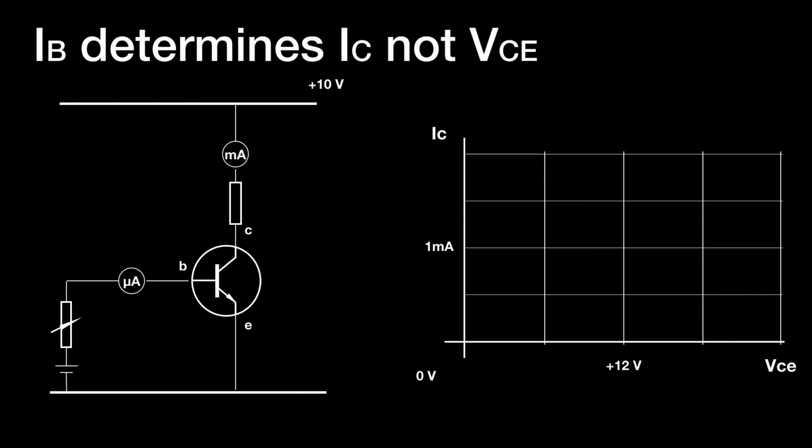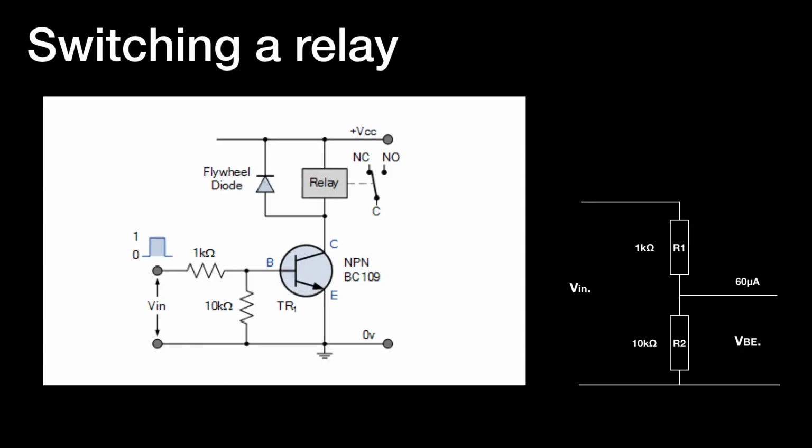So it's also important to remember that the base current determines the collector current, not the voltage between the collector and emitter, not VCE. So if we go back to the previous slide, we have VCE, and sometimes we've written it there as VCC, but it's the same thing for practical purposes.